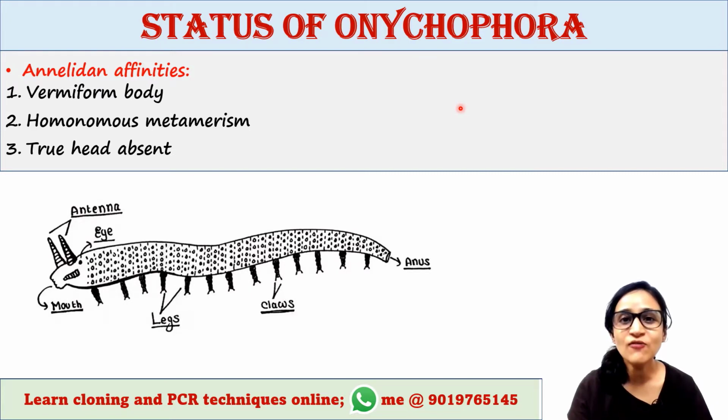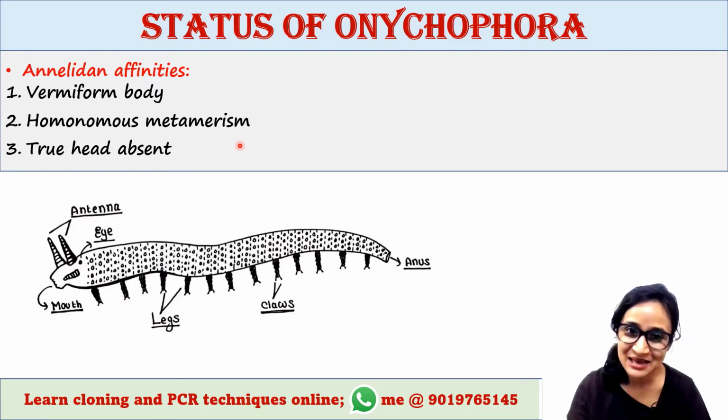So, the Onychophorans resemble the annelids in the following features. First is vermiform body. Vermiform means worm-like body. Next is homonomous metamerism, which means body segments of this animal are all alike.